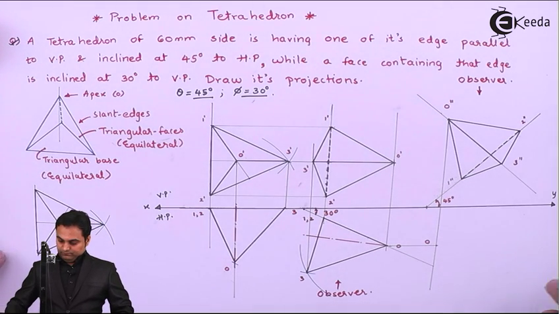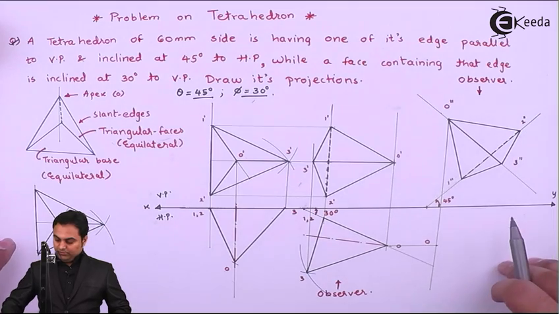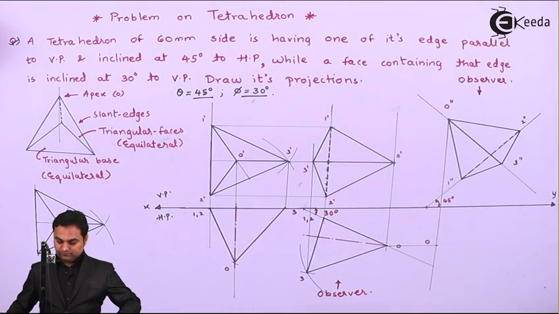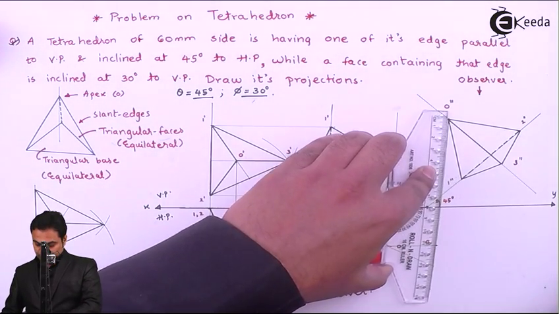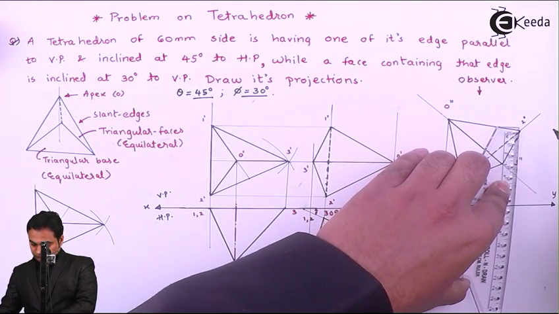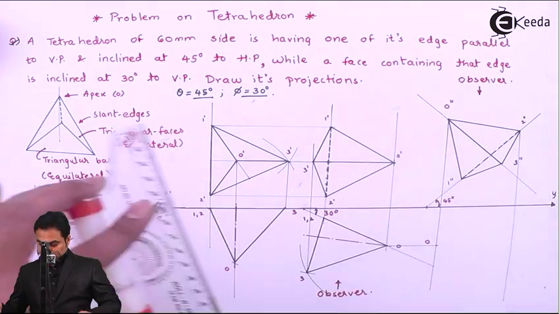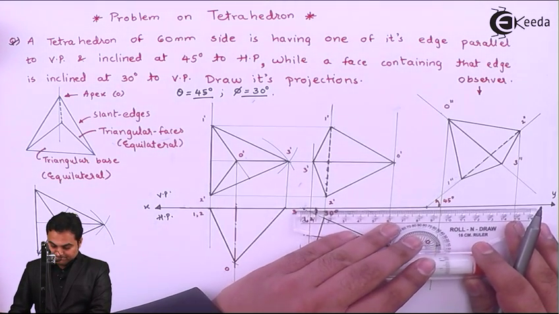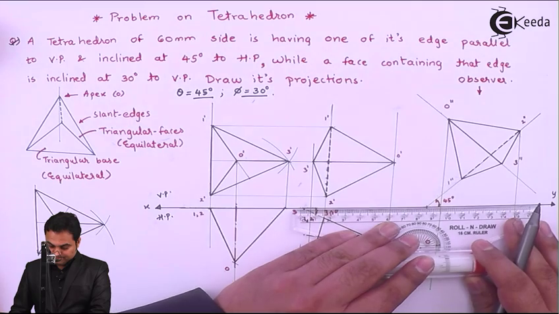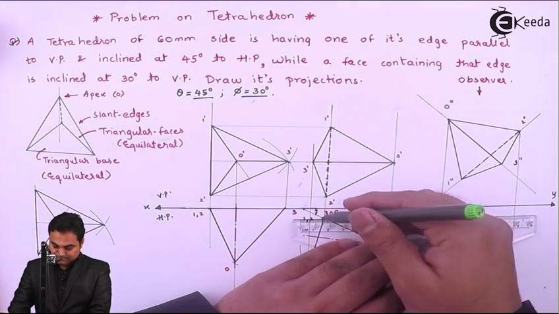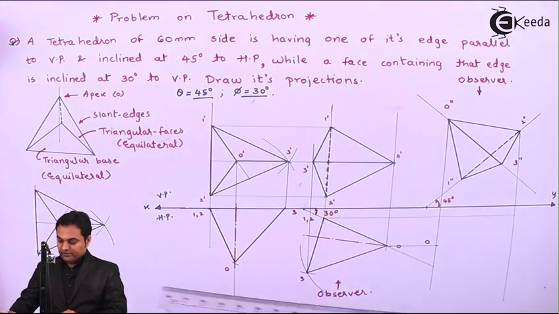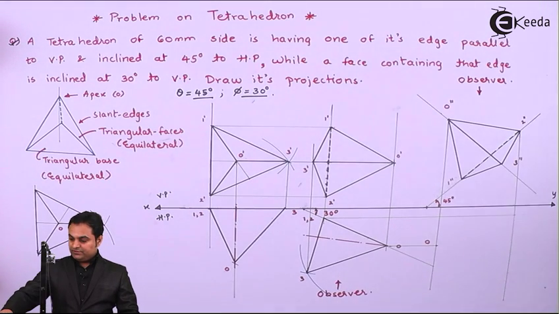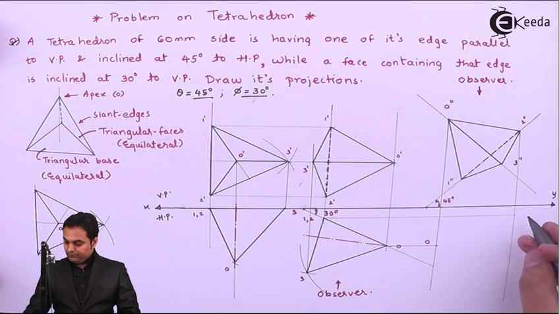Next, 2 double dash is closer to the observer. Then point 2 will be projected from the top view. Wherever 2 double dash and 2 intersect, that gives us point 2.